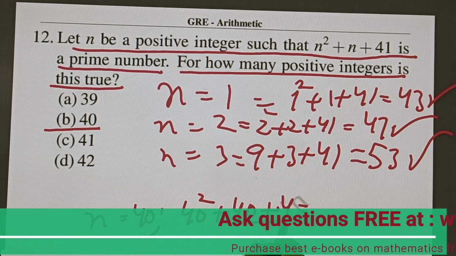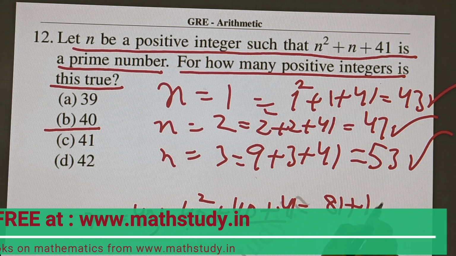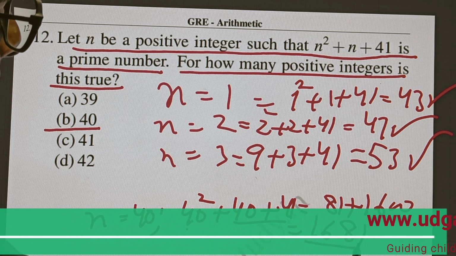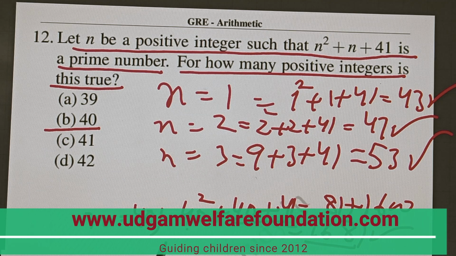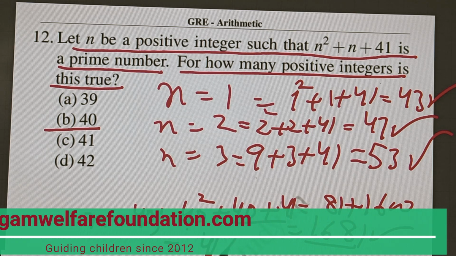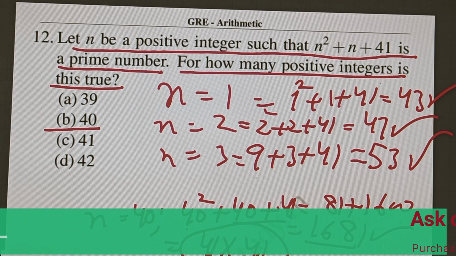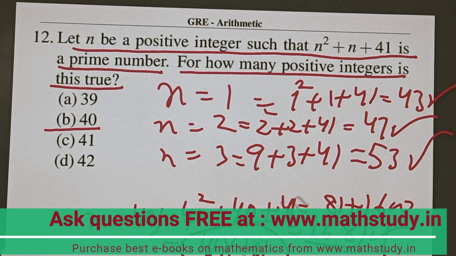So you will get 81 here, and 81 plus 40 square, which is 1600, is 1681. And 1681 is a multiple of 41 into 41, right? The product of 41 into 41 will give you 1681. Then we can say that it is not a prime number.